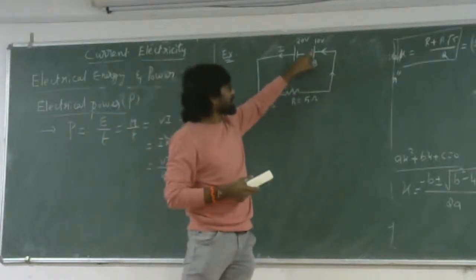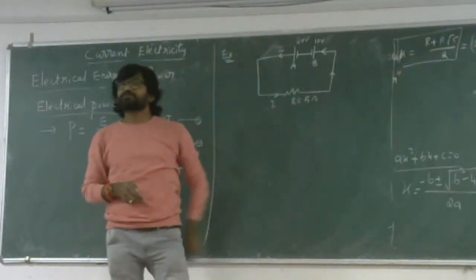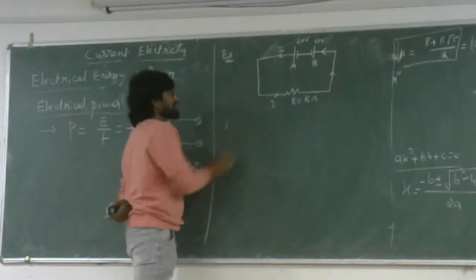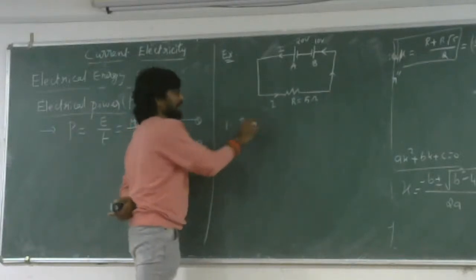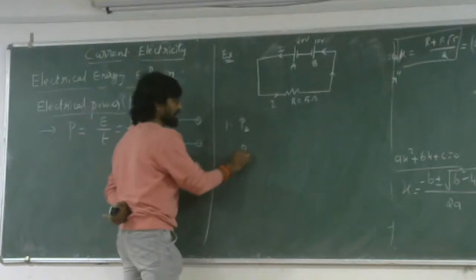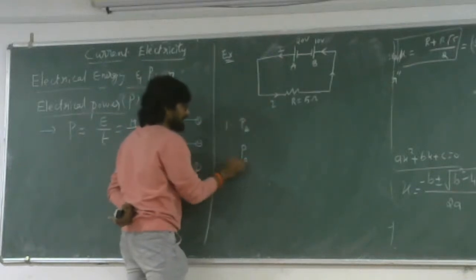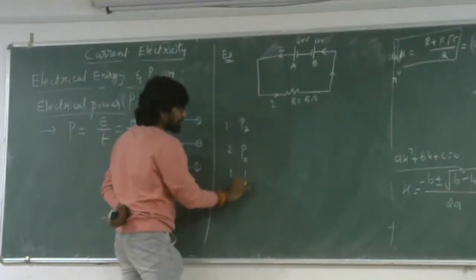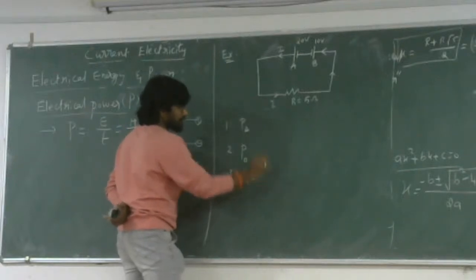What is the power generated by cell A? What is the power consumed by cell B? And what is the power consumed by the resistor?